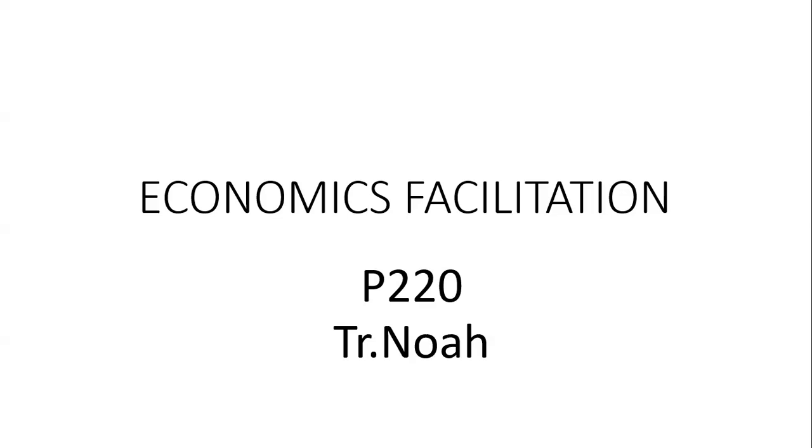As I'm about to share the page, you must remember that this paper has two papers, paper 1 and paper 2, of which either paper has section A and section B.